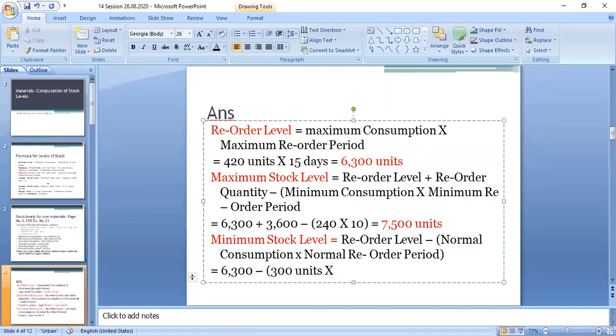Then multiplication of normal reorder period, that is also given, 12 days. So if you are doing this, 300 into 12, so 3,600, and 6,300 minus 3,600. That amount is 2,700 units. I will take this answer in the previous slides, then only you can understand.